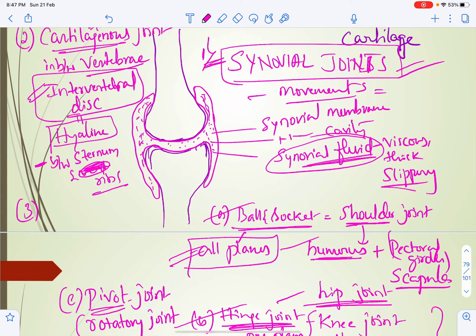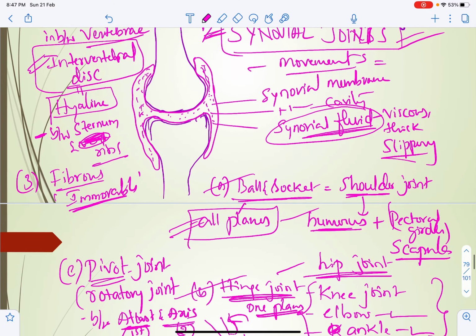And the third one is immovable, it never shows movement. In this case there are no movements at all between the skull bones, which form sutures, right. Each and every bone I mentioned, frontal, parietal, temporal, is attached with sutures that form a fibrous joint.